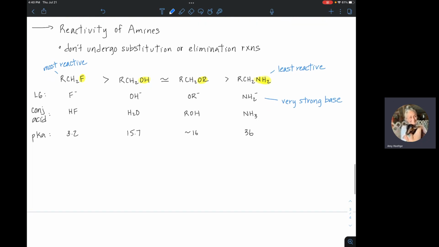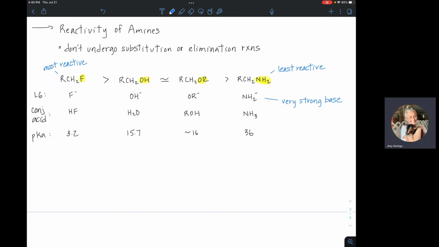And when we went through the awesomeness of the leaving group, we found out that of all the halogens, fluoride was actually the worst. So on this list of most to least reactive, the alkyl fluoride is the most reactive. And the fluoride anion is a crappy leaving group in the first place. So it is far better than the amide anion, right?